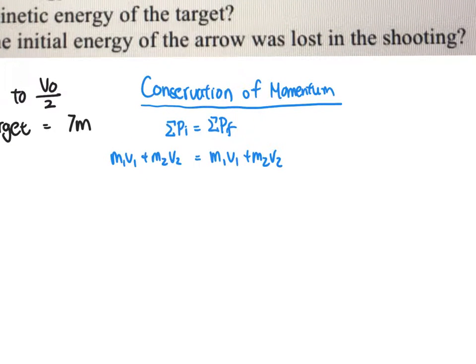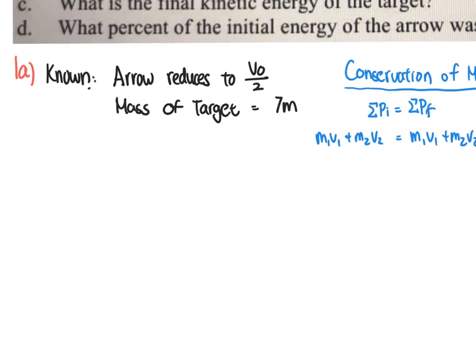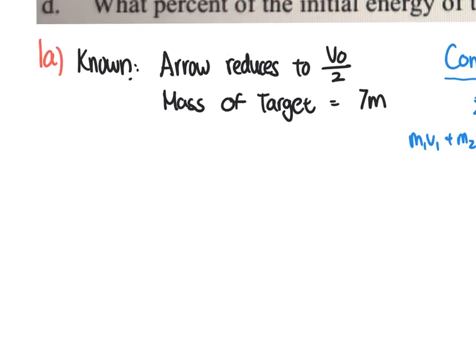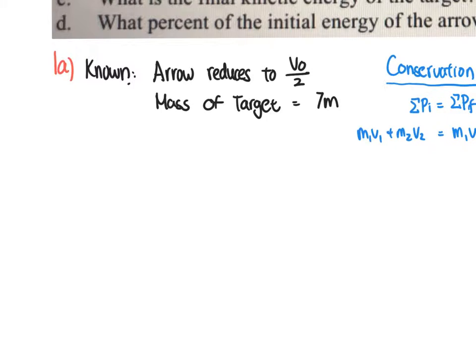With that given, a couple of things that we can assume. Number one, assume that the cart, or your target, has a velocity of 0 meters per second, because it doesn't move.